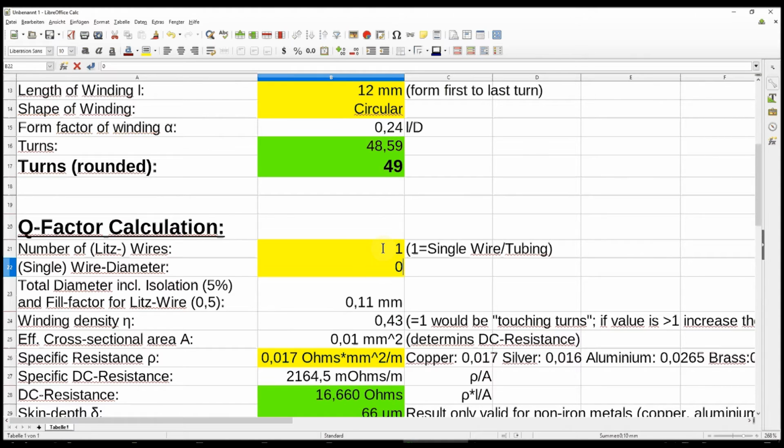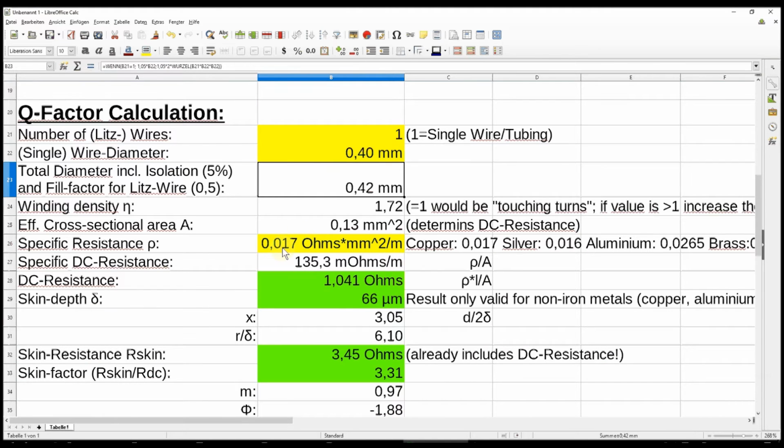We take 0.4 millimeter as a comparison, and now we get some intermediate results which don't interest us. We still have to put in the specific resistance, but this is of course copper wire, so the right value is already here.